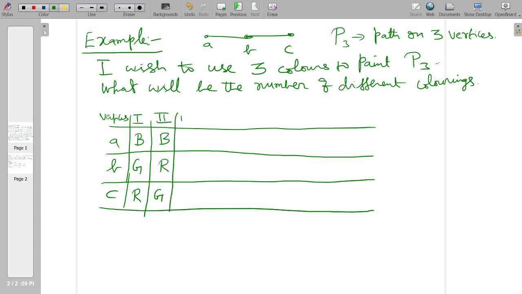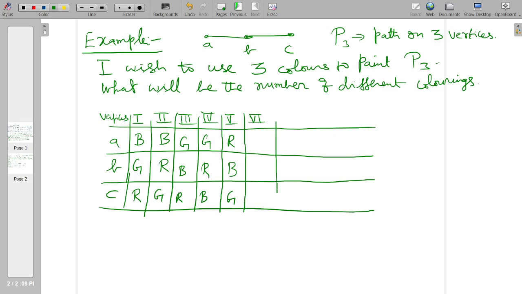The third combination would be green, blue, red. The fourth would be green, red and blue. Similarly, I can paint the first vertex with red, then blue, green. The sixth one would be red, green, blue.